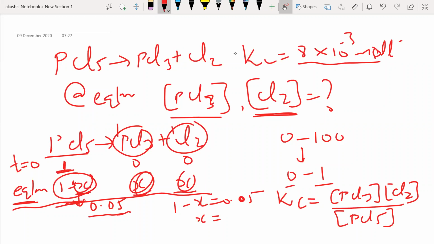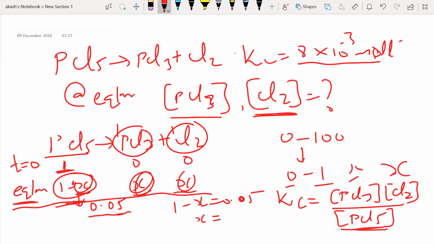Now these two are equal. I'll write it as X and X, this is X, and this is also X. And this value is given to us to be 0.05. That's it. Now I'll be able to find the X value, and both the concentrations of PCl3 and Cl2 are going to be the same.